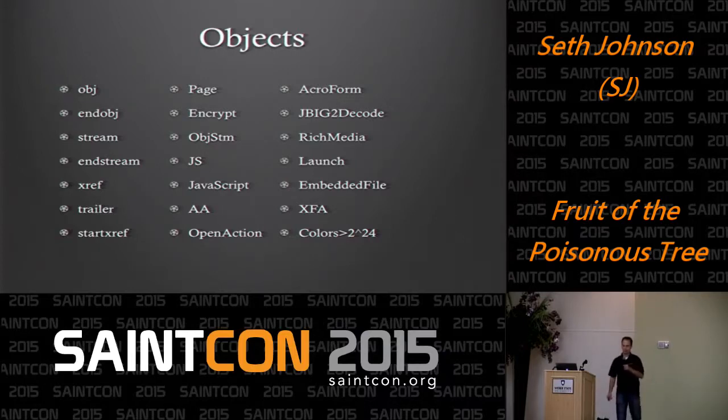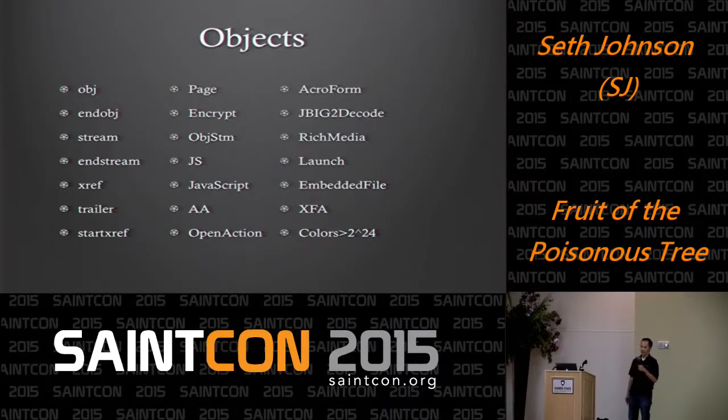The first object that you can have in a PDF document is the object itself, and then end object. You can have a stream and end stream; those are the barriers around a stream. The crossref, the trailer, the start crossref, pages, you've probably seen those in PDF documents. Encrypt allows you to encrypt the contents. The object stream allows you to add all kinds of objects and files. JS and JavaScript are both JavaScript objects.